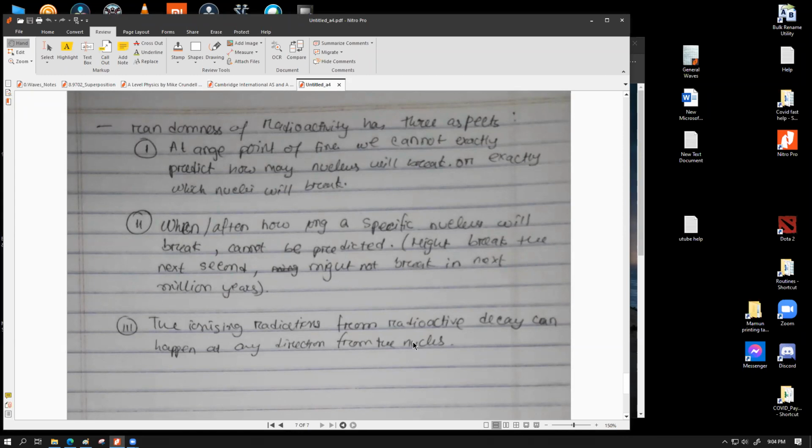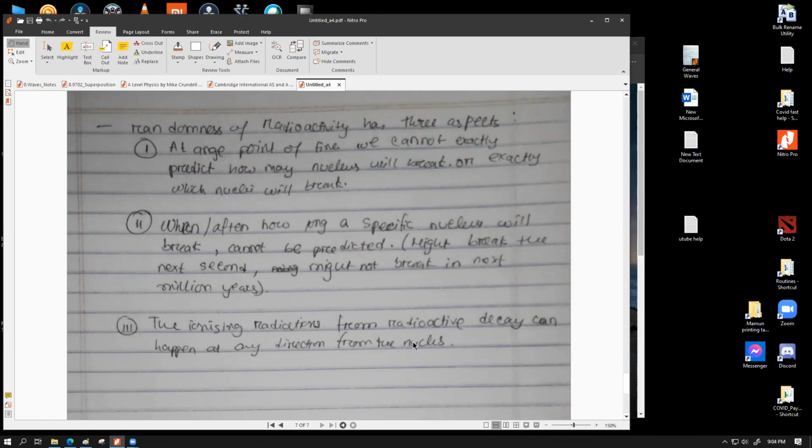The second aspect is that when, or after how long, any specific nucleus will break cannot be predicted either. It means that if you pinpoint one single nucleus within a radioactive specimen and predict that it is going to break down in exactly 2.3 minutes, you cannot do that.